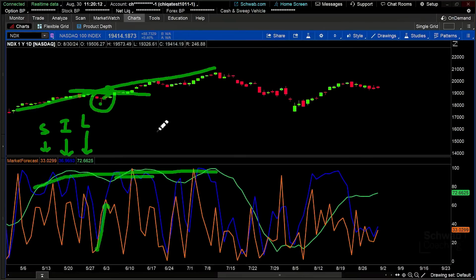Price is still moving higher, right? Now we start to see the highs on that intermediate term line and the highs on the short term line getting a little bit lower. So a little bit of a divergence going on, and price pulls back a little bit, okay?